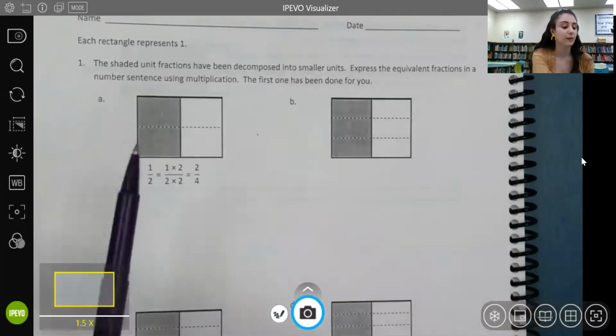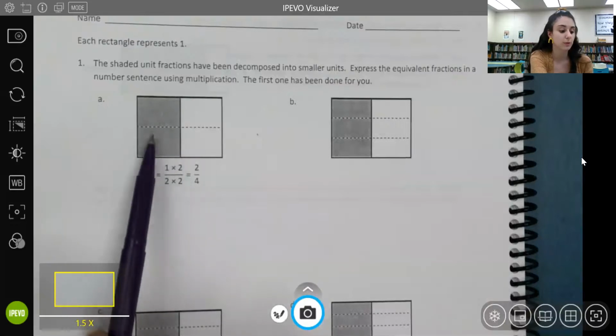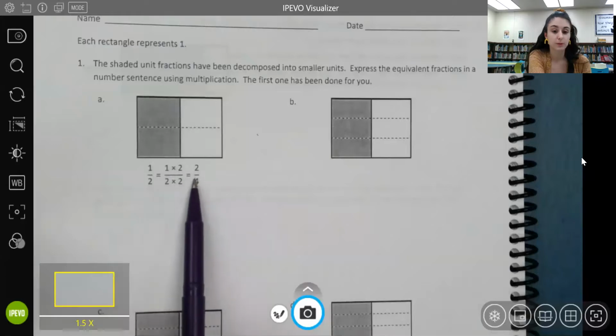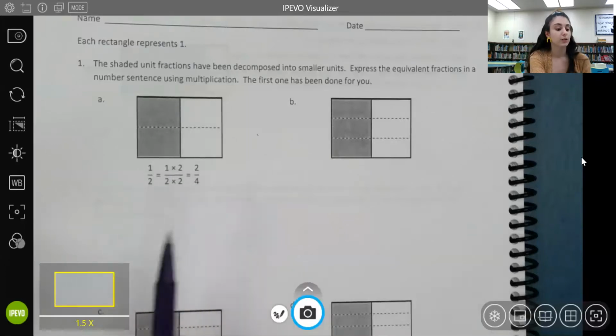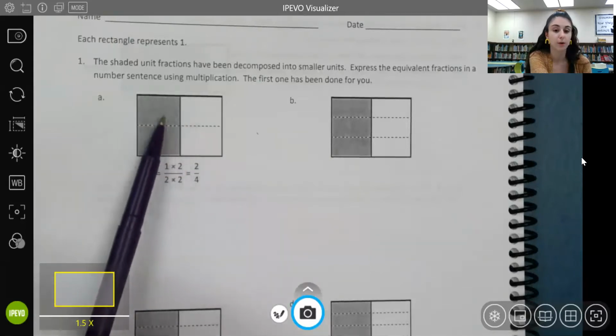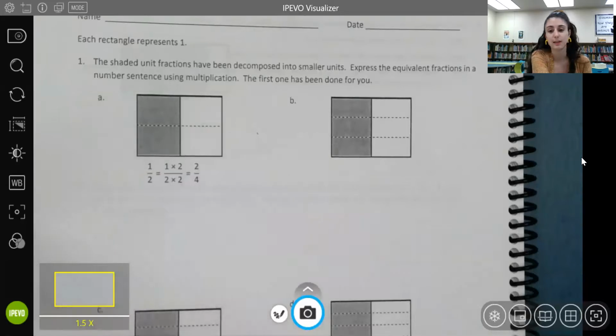Since they cut it in half again, now we have 2 rows, so we're multiplying 1/2 times 2. So 1 times 2 equals 2, and 2 times 2 equals 4. So the shaded part now says that it is 2/4 of our whole diagram, which you can see in the picture. Now we're going to letter B.